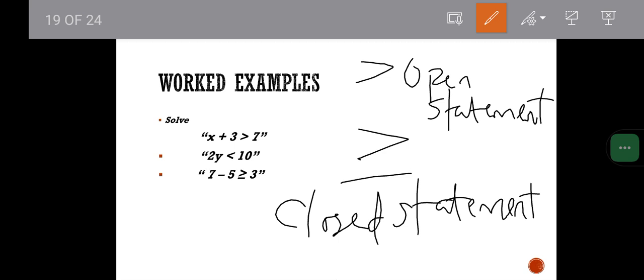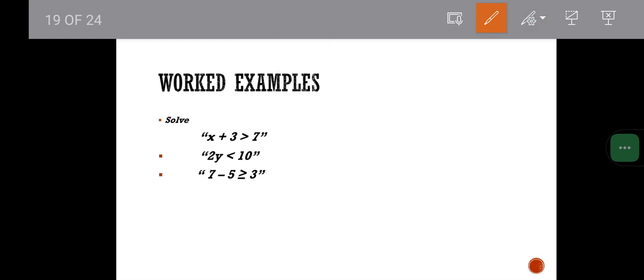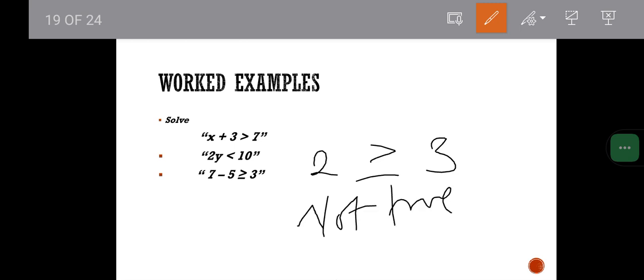Now, this is trying to tell us that 7 minus 5 is greater than or equal to 3. So let's check how true that is. 7 minus 5 is 2, greater than or equal to 3. This is not true. This is false.